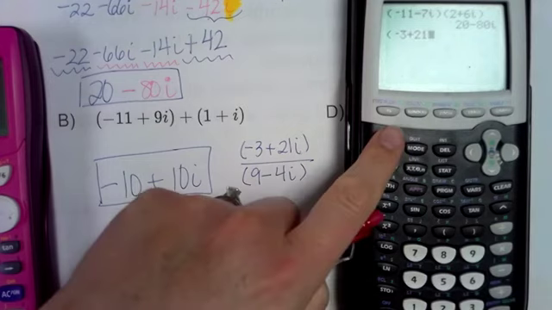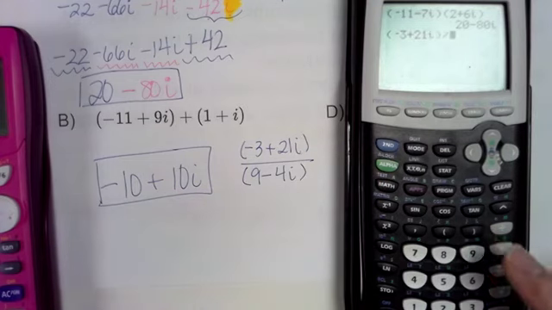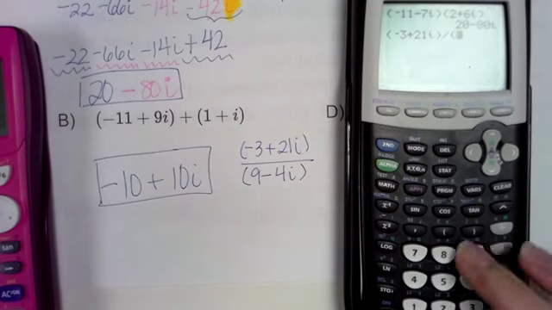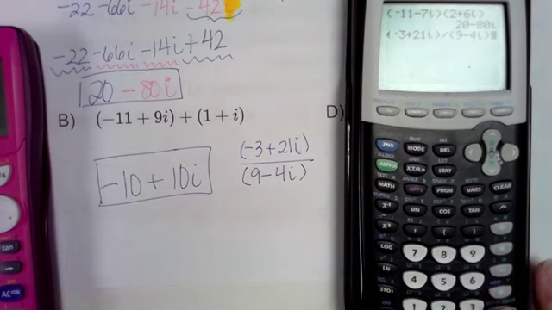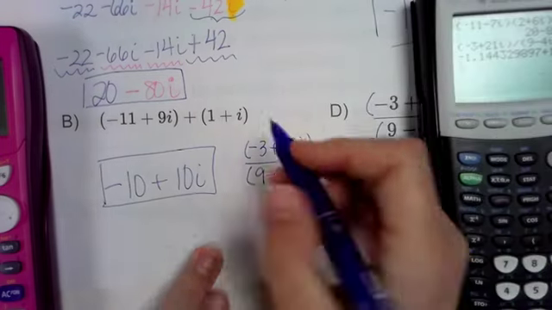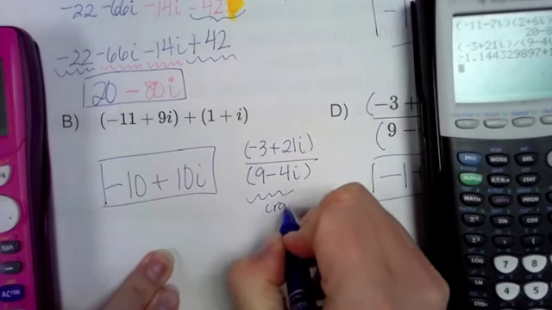You got something totally crazy, right? Totally ugly, crazy decimal.